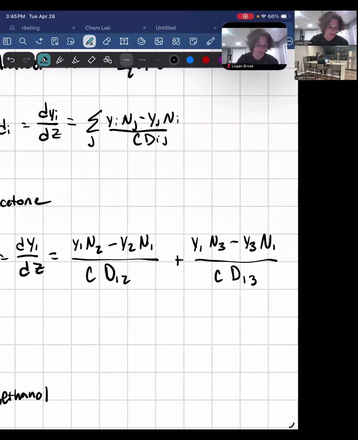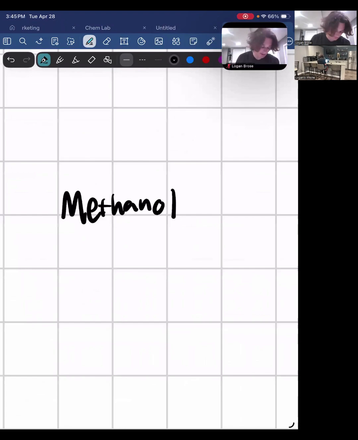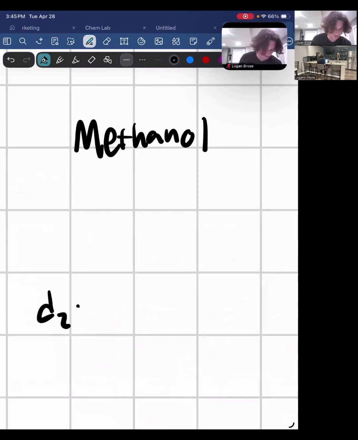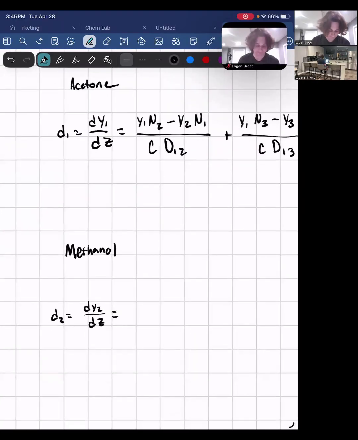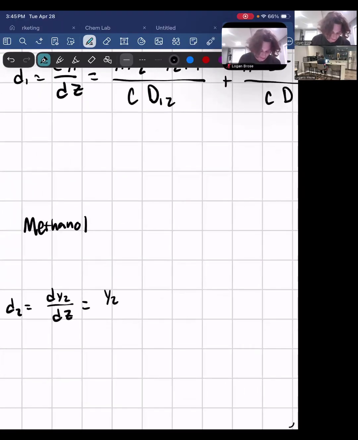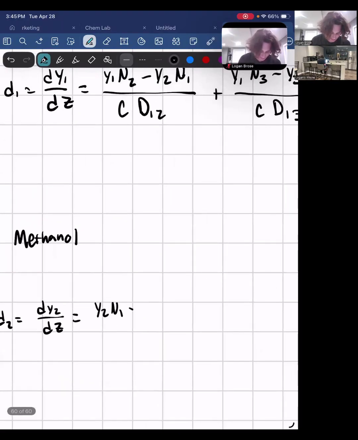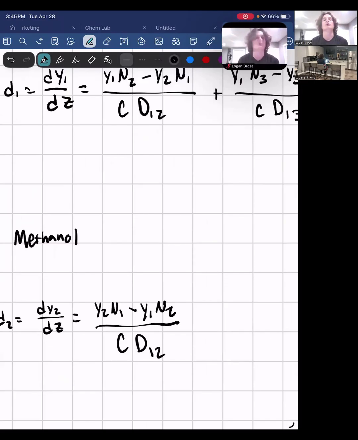For this equation, right? And then we can come down here to methanol, so it's dy2/dz equals, and now we break it down again, where it's y2 N1 minus y1 N2 over c D12, because acetone to methanol doesn't matter if you're going from methanol to acetone or acetone to methanol.